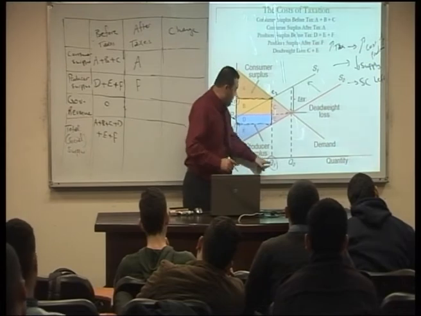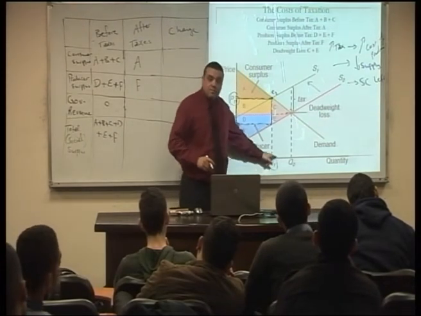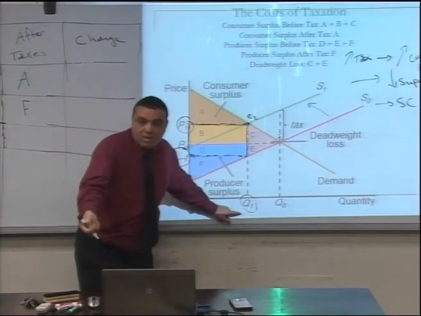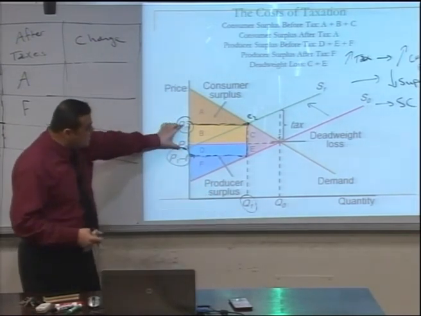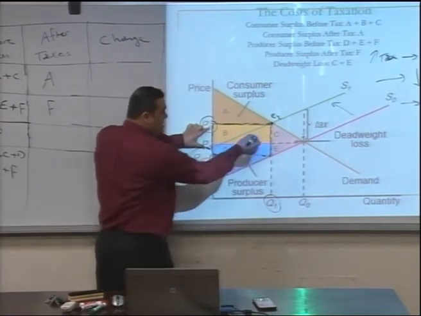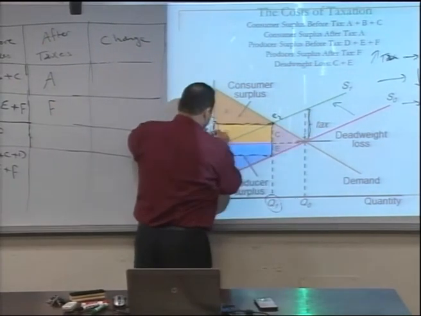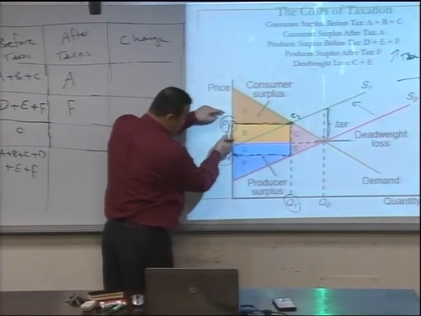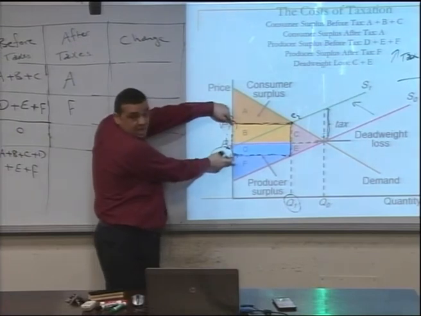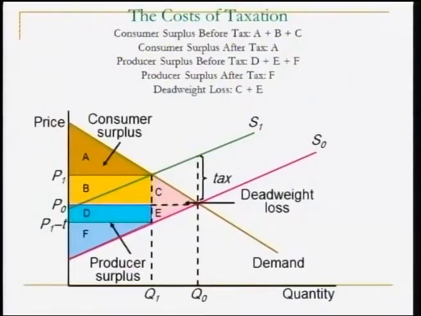How do we know? At each quantity sold, the government gets this value of tax. The value of tax is the difference between P1 and P1 minus taxes. This is the value of tax per unit.